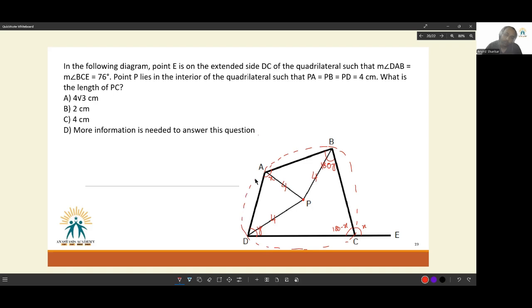Within the circle, there is a point P that is equidistant from these points which are on the circumference of the circle. So what is the length of PC? It is equal to the radius of the circle, or it is equal to 4 only, so option C is the right answer. That's it. You just have to establish the fact that this quadrilateral is cyclic in nature.